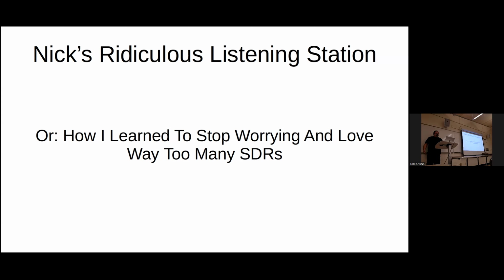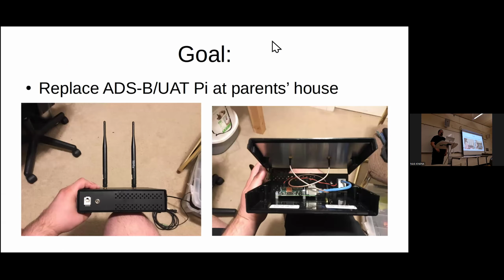So, this is about a listening post that I set up. My parents live in Templeton in an RF quiet area, and I decided to take advantage of that. Okay, so I like to track aircraft.